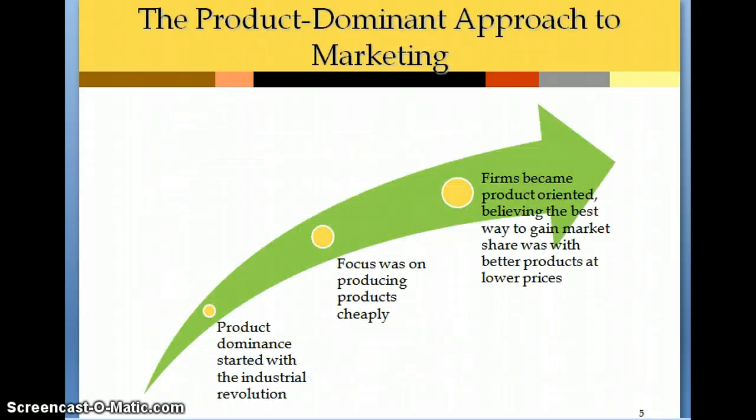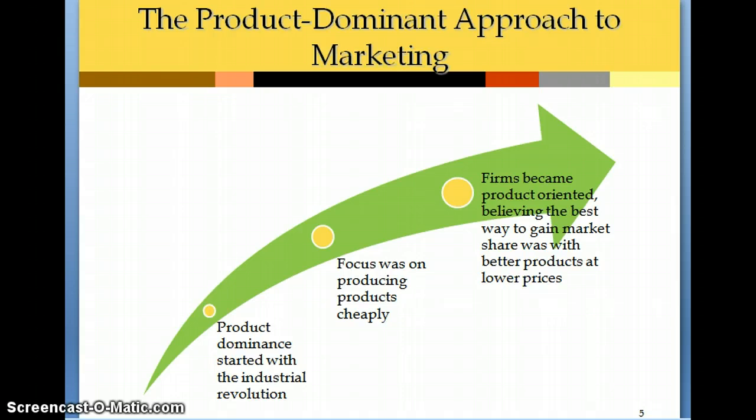Let's look at the two approaches: the product dominant approach to marketing and the service dominant approach to marketing. The product dominant approach to marketing is characterized by the following major features. Number 1, focuses on the good rather than the service or price components of the offering.